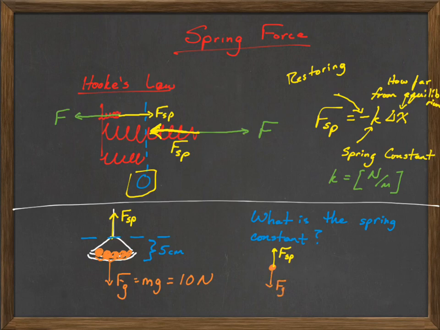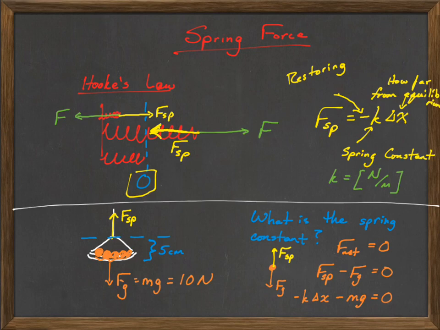So when we set up our net force, Newton's second law, we know the net force has to be 0. So we have a spring force minus the force of gravity is equal to 0. The spring force is minus k delta x. Gravity is mg. And we're trying to solve this for the spring constant k.